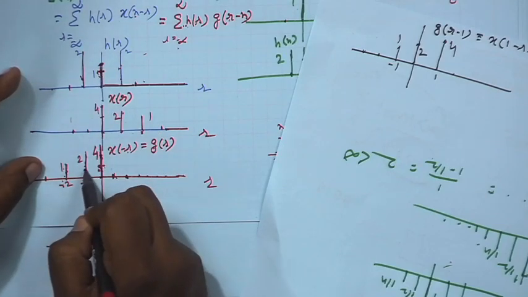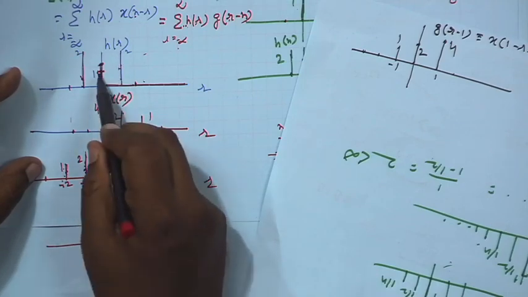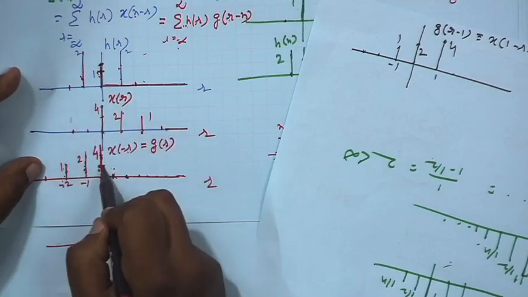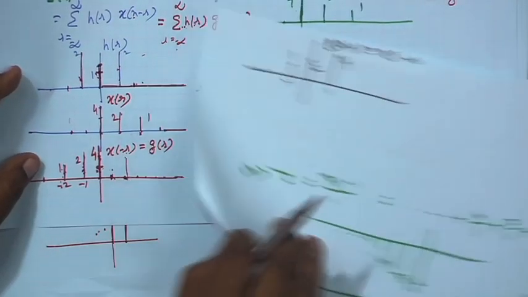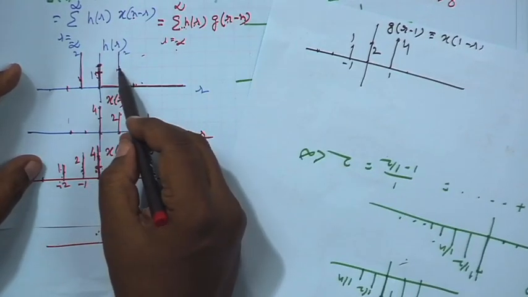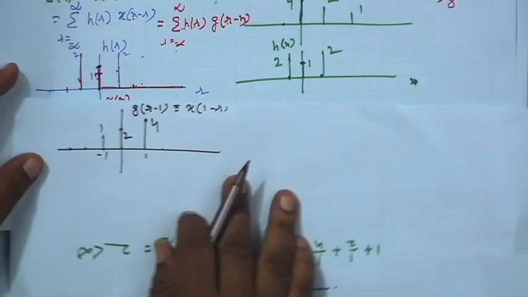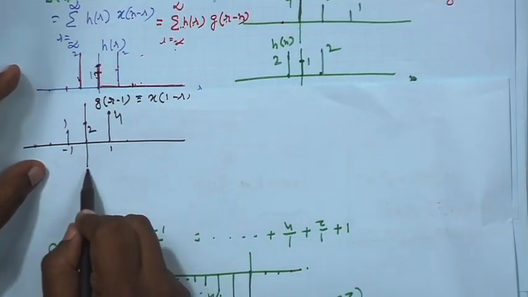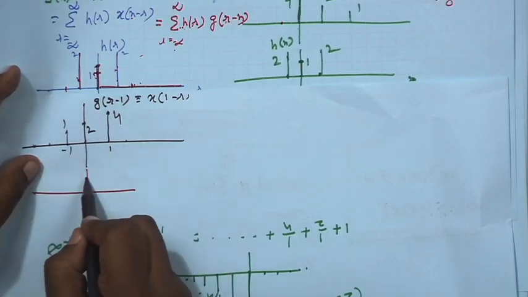Then 2 will move to here, it will find 2. So, 2 into 2, 4, 1 into 1, 1. This 4 will move here, but it finds 0. So, nothing. So, 4, 2 into 2, 4, and 1 into 1. It is like this. This is getting shifted further, already shifted once, it is now getting shifted further by 1.